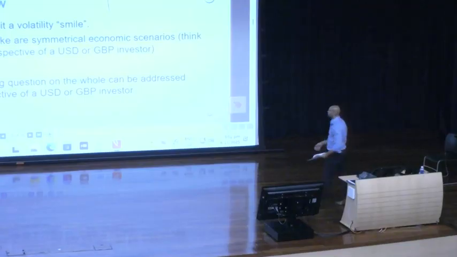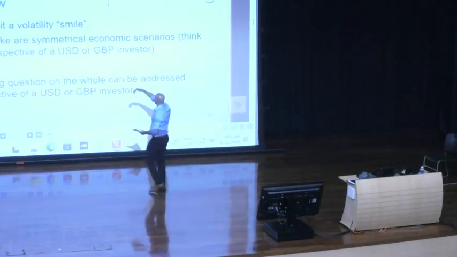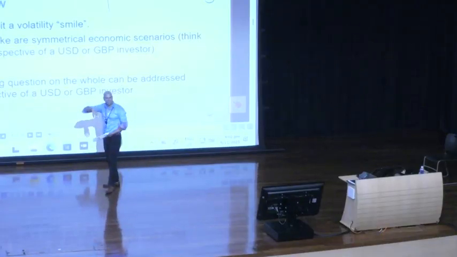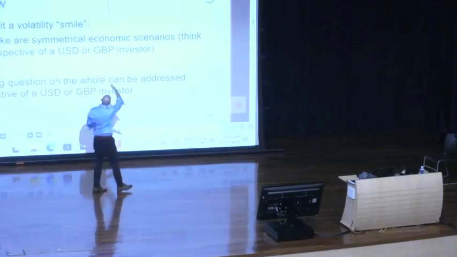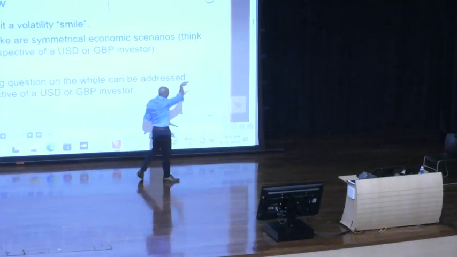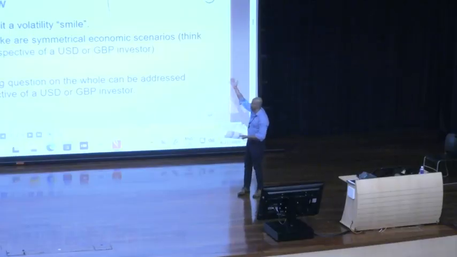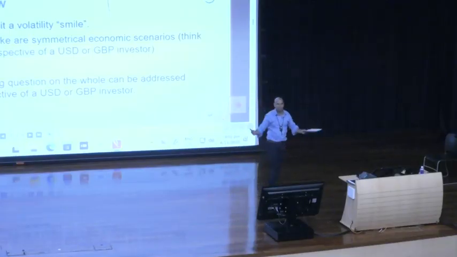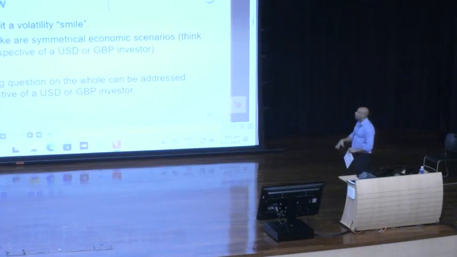Okay? And the reason behind it is because there's a symmetry where if you go down this way in FX world, one of the currencies is getting distressed. That makes one group of investors panic. Volatility goes up. But if you go this way, it's the other group of investors who are on the other side who panic, and they make the volatility go up. So it's a bit symmetric. They're mirror images of each other.